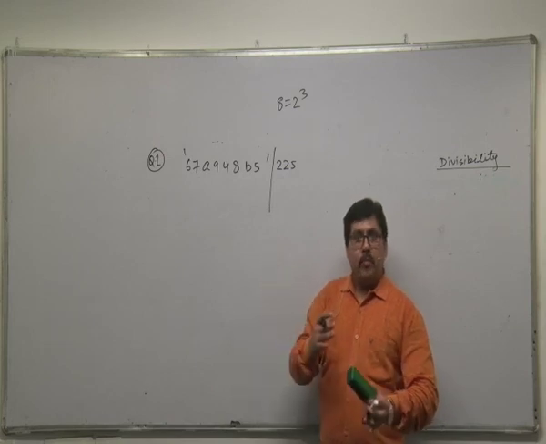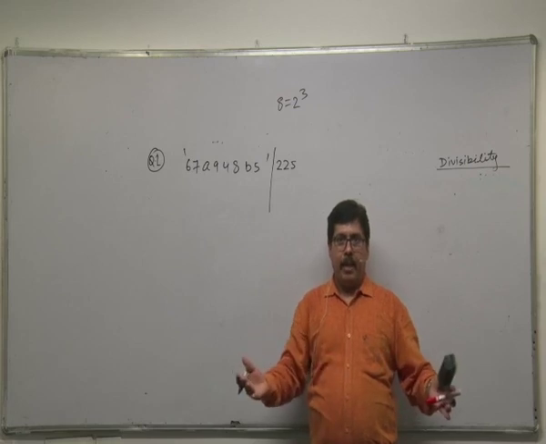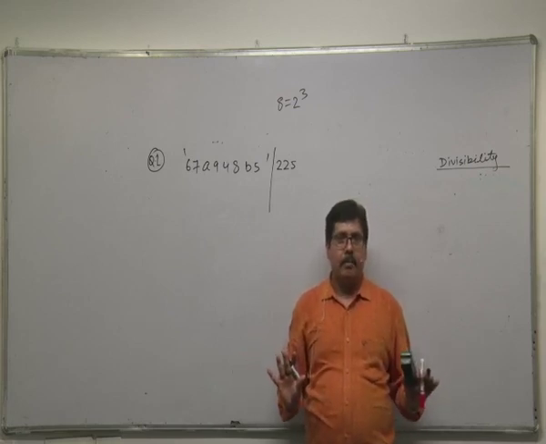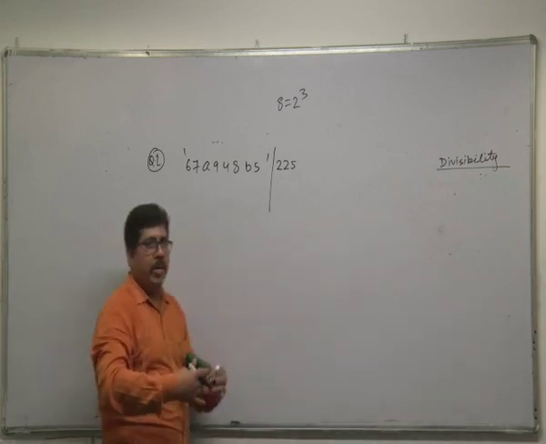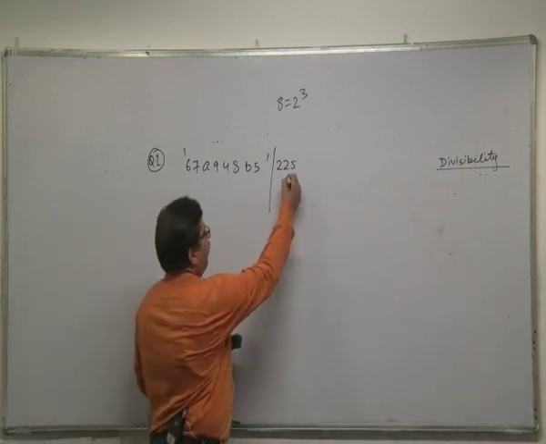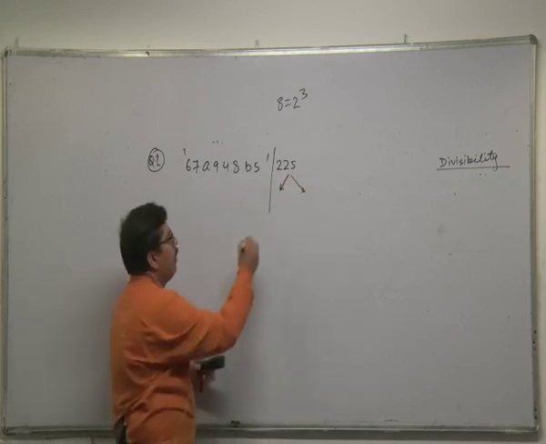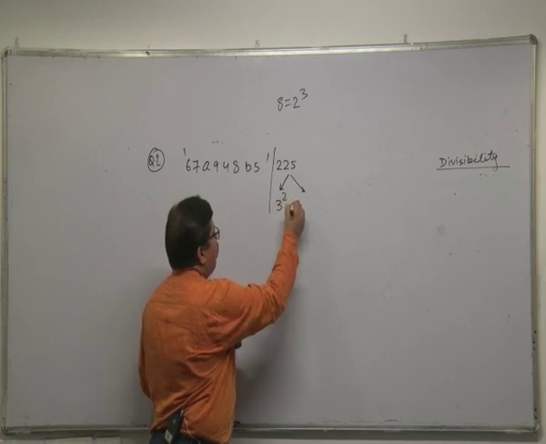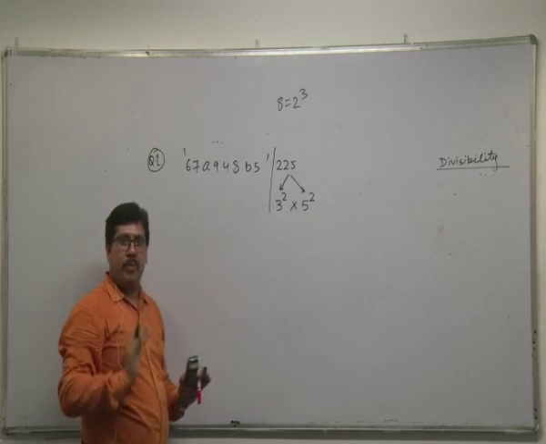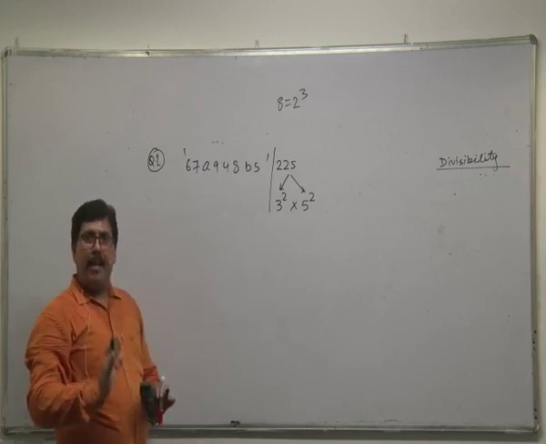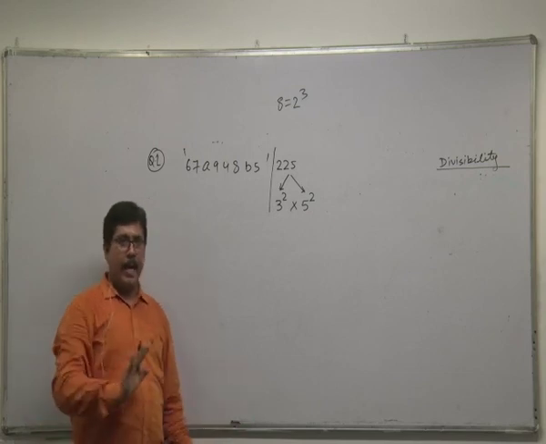And we need to focus upon those factors whose divisibility rule is readily available with us. What are the two numbers? Just try to decode 225. Can I write this number as 3 raised to the power 2 into 5 raised to the power 2? Yes or no? 9 and 25? Yes? Okay.